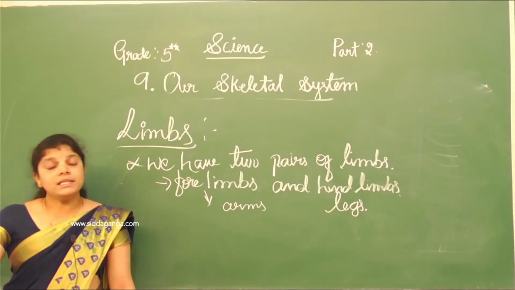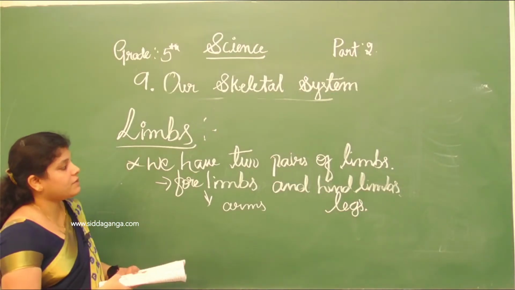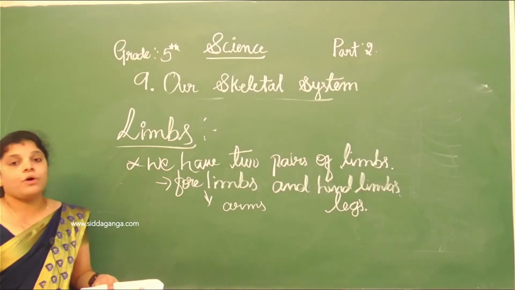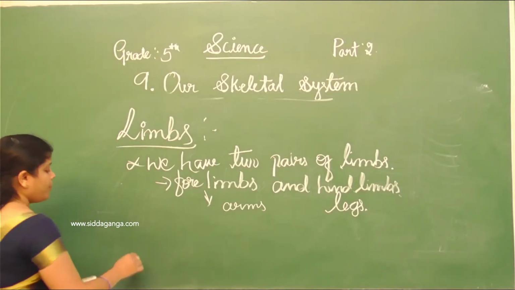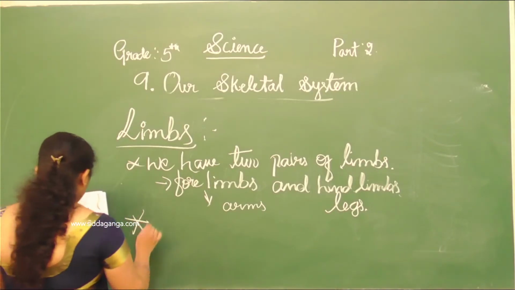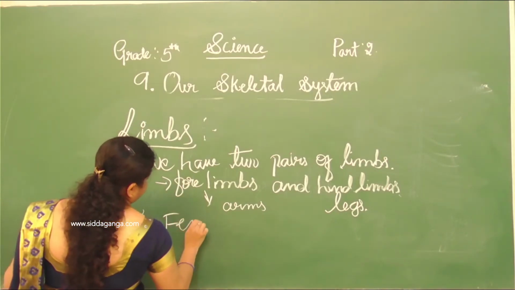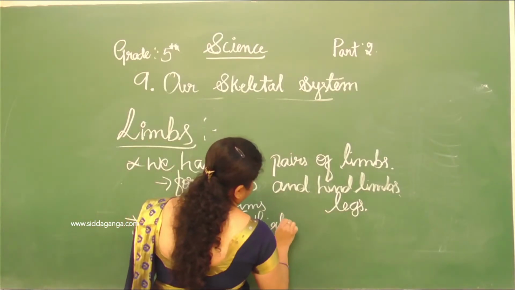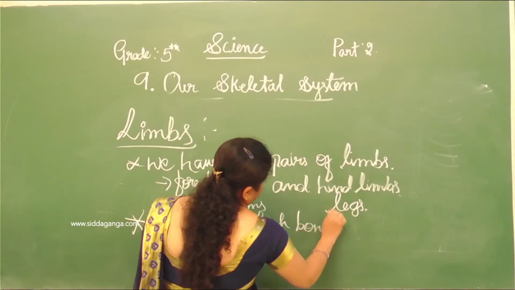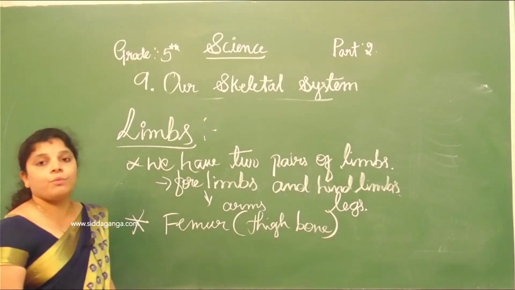Okay, see this four limbs. So which one? Hind limbs. The thigh bone or femur is the longest bone in the human body. Okay, this femur, or thigh bone, is the longest bone in our body.